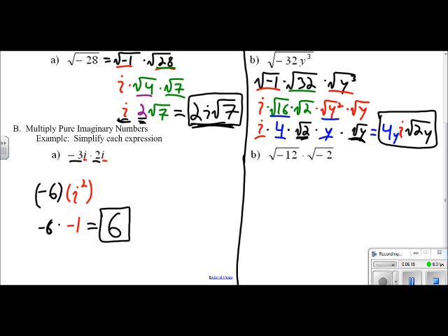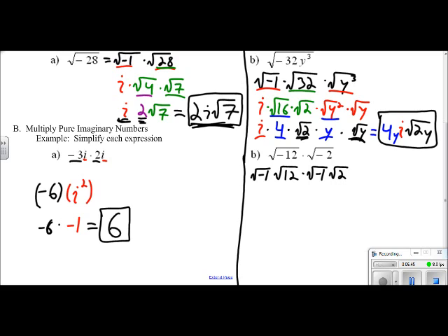Moving on to B. Again, in this case we have two different radicals, and we want to split them up into numbers that we can deal with. So we can take our square root of negative 1 out of the square root of negative 12, which leaves us with the square root of 12 times, again, we can take out the square root of negative 1 and the square root of 2.